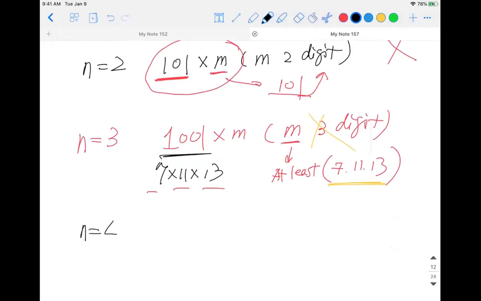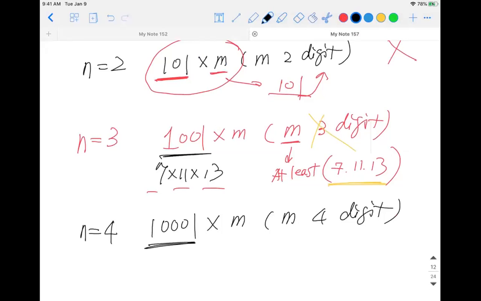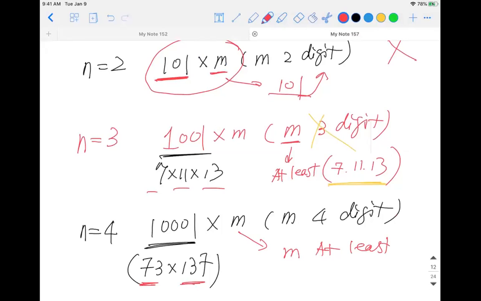n equals 4. 10001 times m. M is a four-digit number, right? This guy is actually equal to 73 times 137. Again, you're looking at two prime numbers. Then m must at least have 73 and 137, these two factors. Is that right?